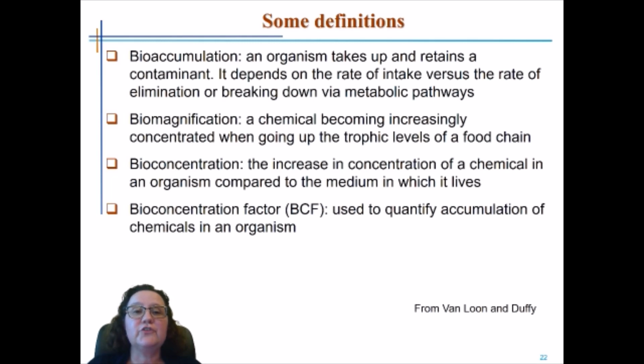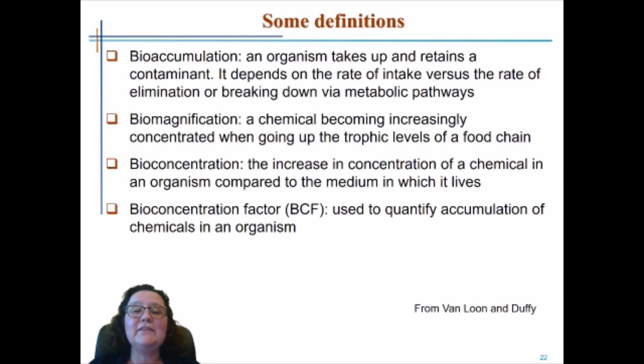Some definitions: bioaccumulation, biomagnification, bioconcentration, and bioconcentration factor. They sound very similar, but they look at slightly different things. Bioaccumulation looks at how an organism will take up and retain a particular chemical, a pollutant.